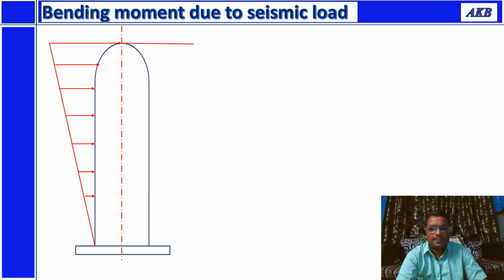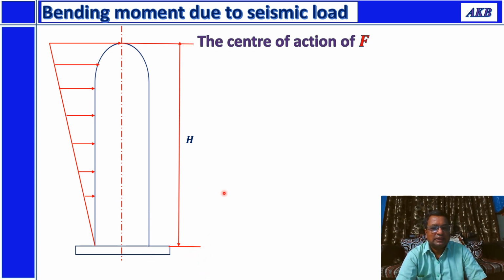Now we are going to consider, let the height of the column from the base be h. We just saw the shear load that is produced due to seismic forces. Now the center of action of this force is located at 2 by 3 h from the bottom.